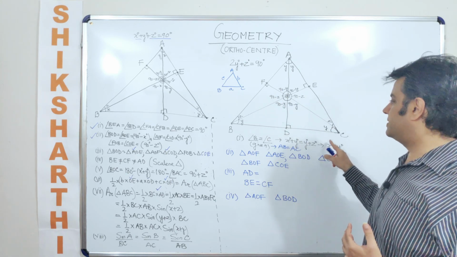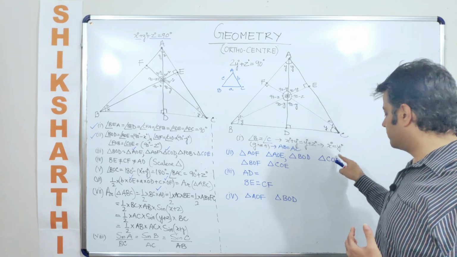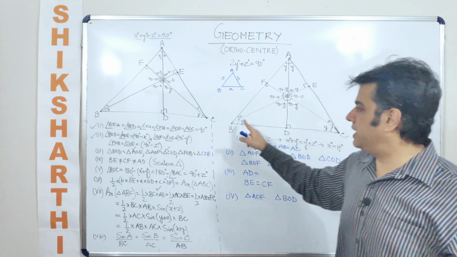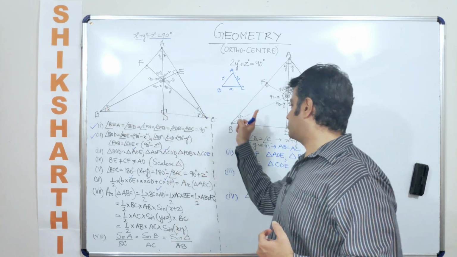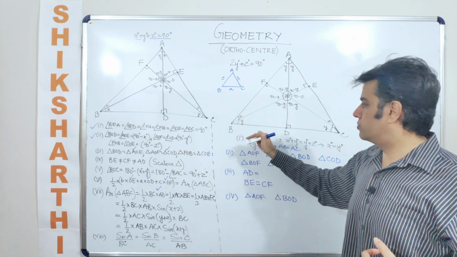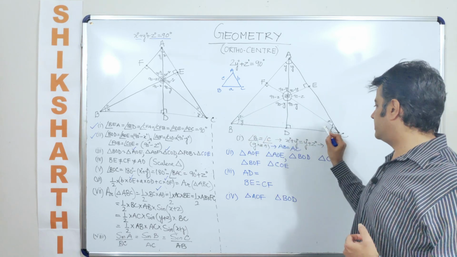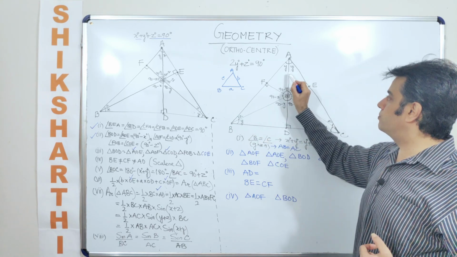And thereafter we can establish that x becomes equal to y. So this becomes y, this is already z, this becomes y, this was already z, and these 2 become y.